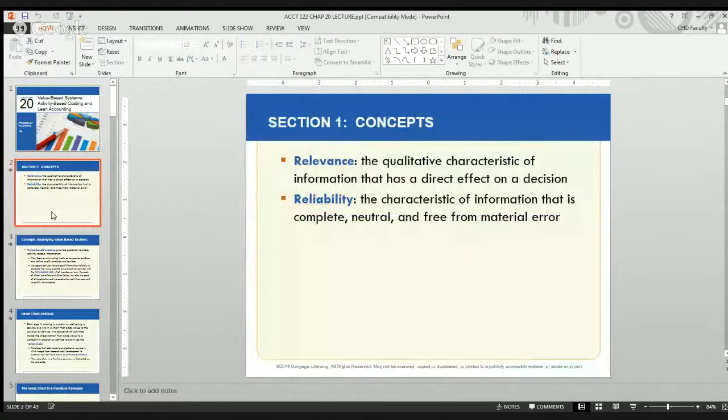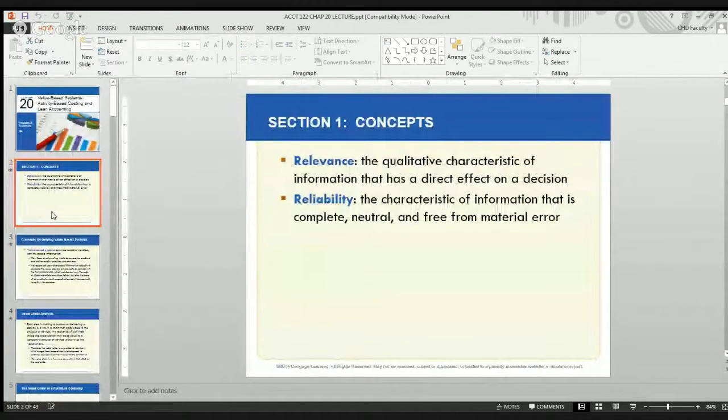And when you have a chance, I want you to review the slides, go over some of the concepts like relevance and reliability. We've seen these concepts before, so a lot of these things are items that we've touched on prior, but it's good to get a refresher.